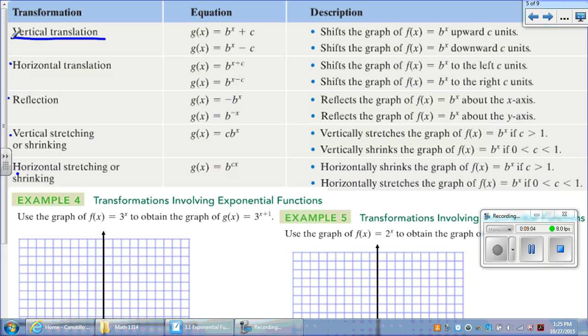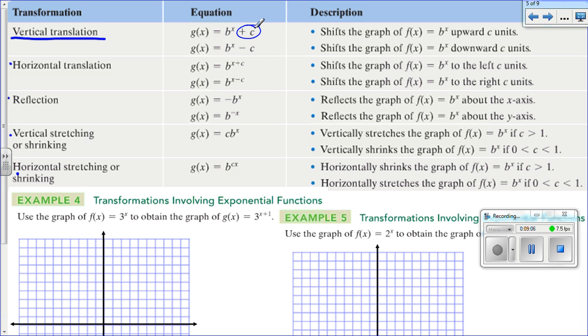For that one, you're going to have a constant either added or subtracted to the y value. That one is affecting the y value directly, so that's why the graph will move upward or downward. So in this case, you either add or subtract to y or from y.